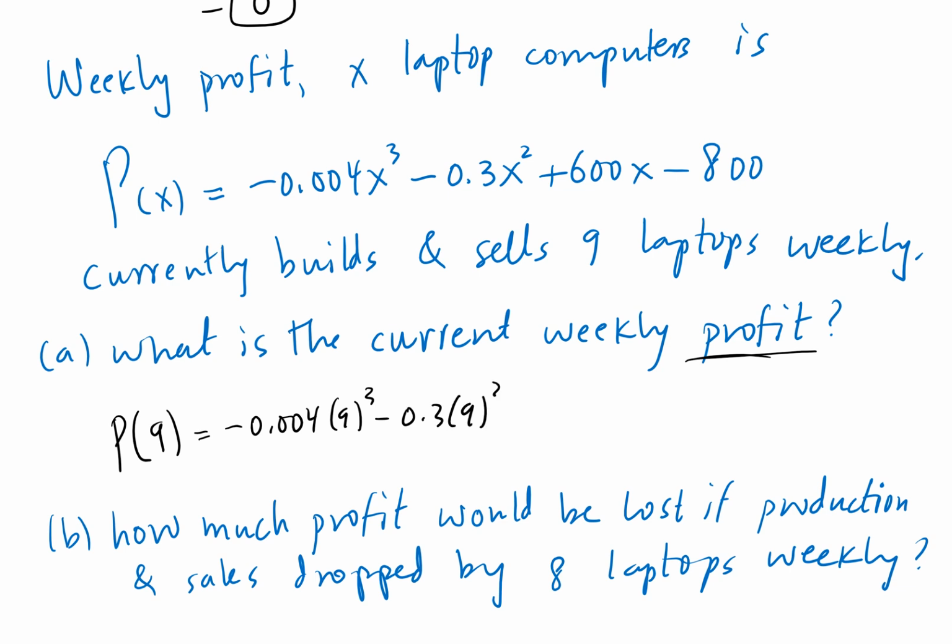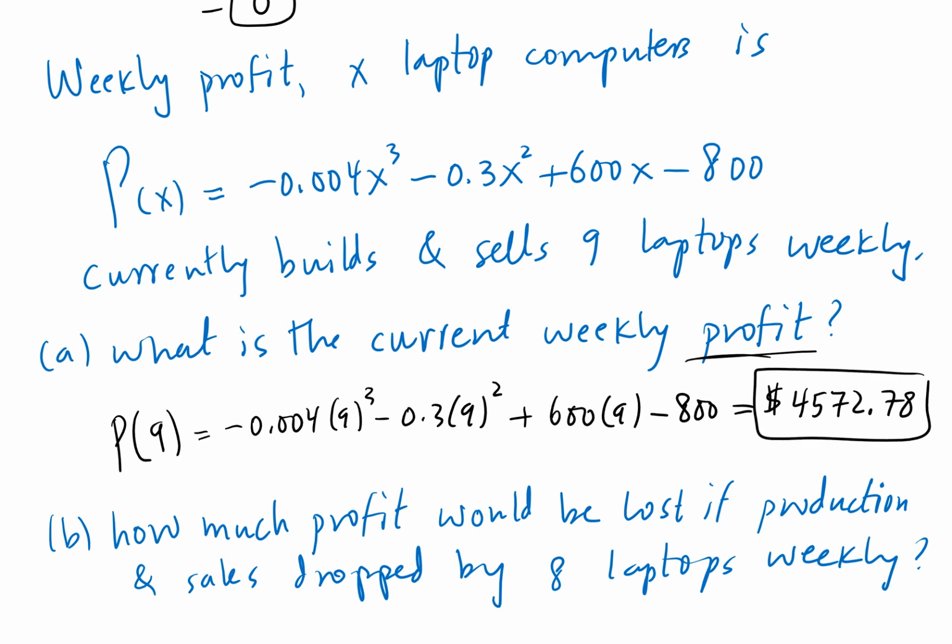I evaluated it and found it's $4,572.78. That's the current weekly profit because they sell 9 laptops per week, and that profit function gives us the weekly profit for selling x items.